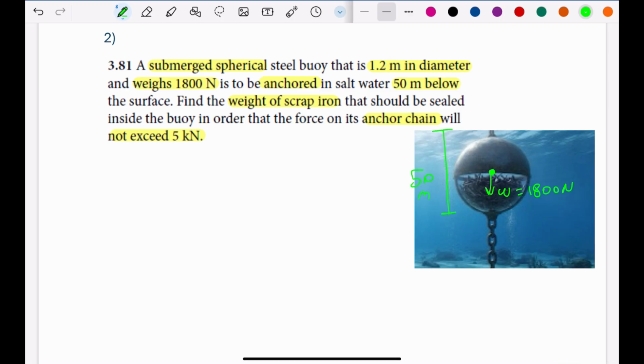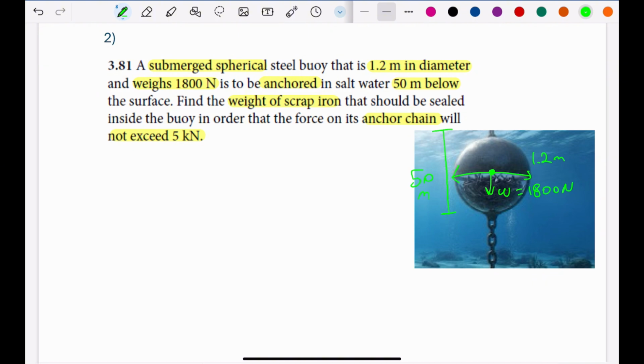So this distance is 50 meters. And the diameter is 1.2 meters. So this distance will be 1.2 meters. And the anchor chain will not exceed 5 kilonewton.